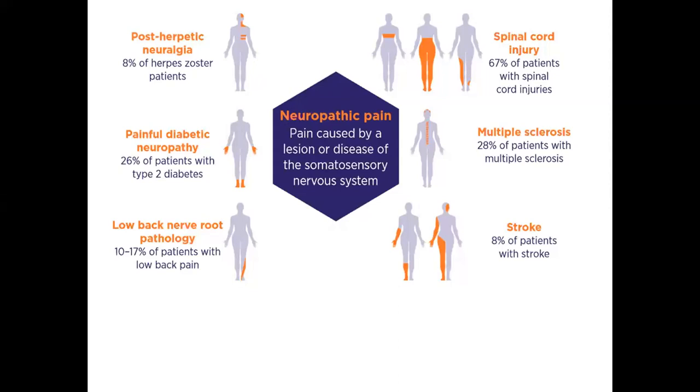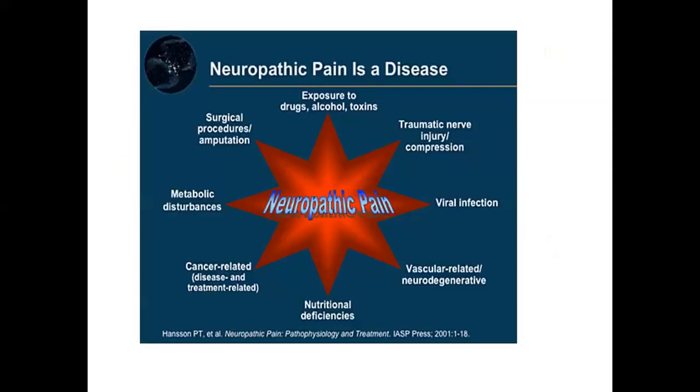So there are so many causes, and there's been an argument, Hannon and others in one of the international associations for the study of pain thought that neuropathic pain should be considered as a disease instead of as a symptom, simply because it can have many other accompanying symptoms, many other accompanying signs.